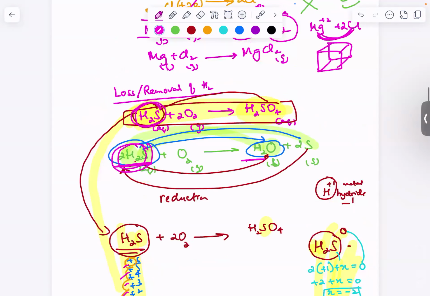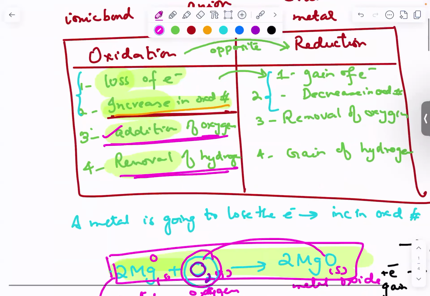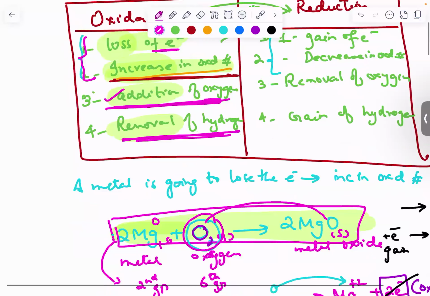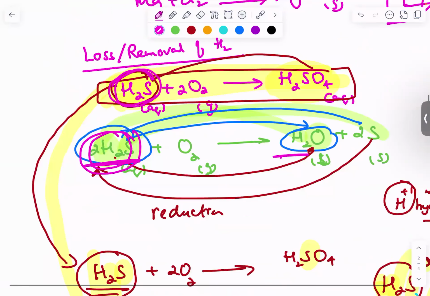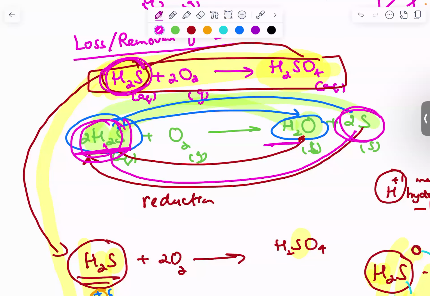So in this way, you can see that this is somewhat a pair. Whenever an electron is lost, there would always be an increase in the oxidation number. But maybe you will come across an equation in the exam where simply oxygen is added or a hydrogen is removed. For example, in this equation, can you see that hydrogen is removed from sulfur?